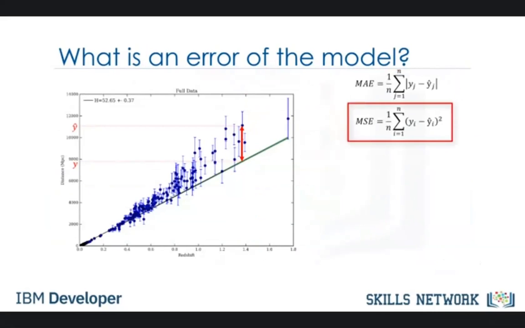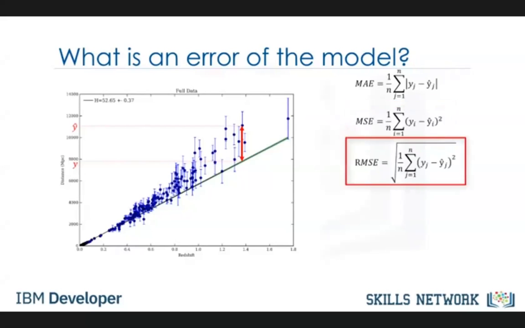Mean squared error is the mean of the squared error. It's more popular than mean absolute error because the focus is geared more towards large errors. This is due to the squared term exponentially increasing larger errors in comparison to smaller ones. Root mean squared error is the square root of the mean squared error.